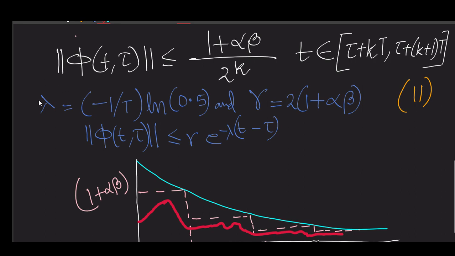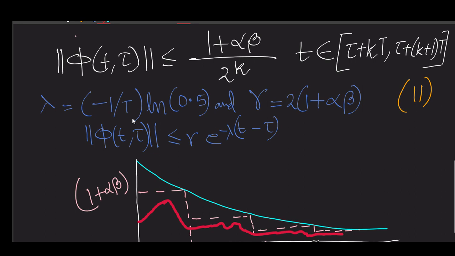Then if you consider lambda equal to minus 1 upon T ln 0.5 and gamma equal to 1 plus alpha beta, you will see that phi(t, tau) is basically gamma exponential minus lambda (t minus tau). Needless to say, gamma and lambda are both independent of tau. They do not contain tau.